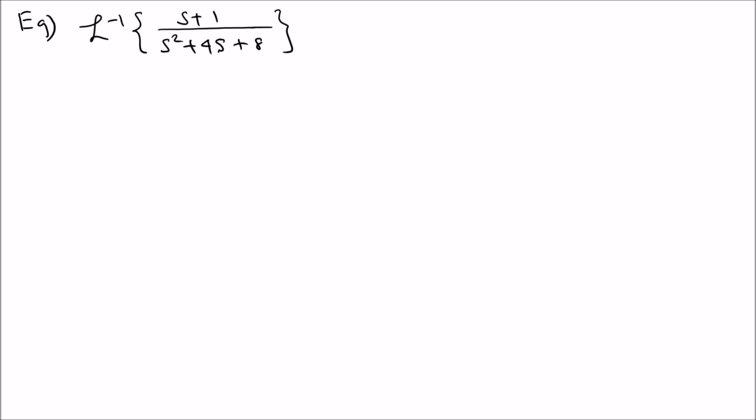You can see that the bottom is not factored. So what we first do is completing the square, because we want to write a square term. So let's note that s squared plus 4s plus 8.